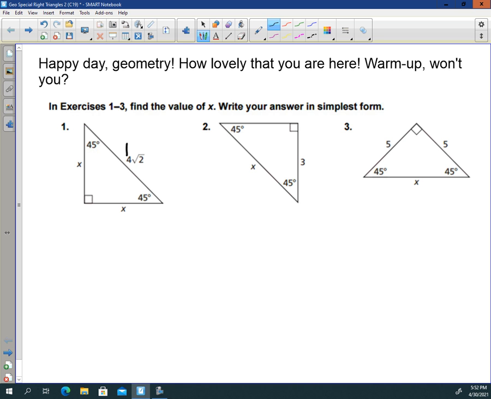The side length multiplied by the square root of 2. And so if we want to find x, which is the side length, we know x equals 4. Done. This side's 4, this side's 4. We get it from right here. And that is it. That is all there is to it.